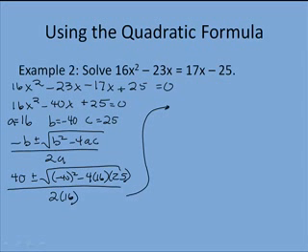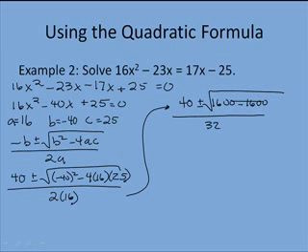So now, let's put all that together. We have 40 plus or minus the square root of 1600 minus 1600, over 32. And 1600 minus 1600 is 0, and the square root of 0 is 0. So we're just left with 40 over 32, and we can simplify that to 5/4.